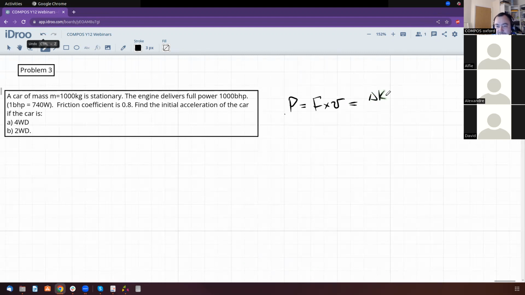So it's the change of kinetic energy divided by change of time.